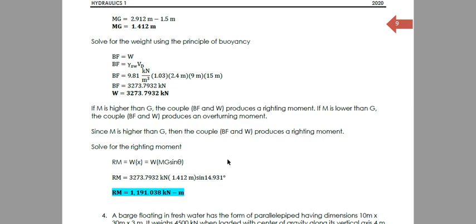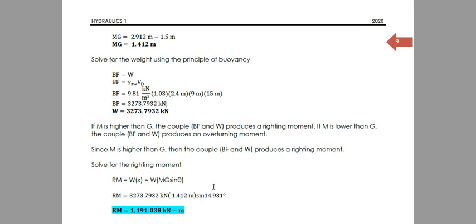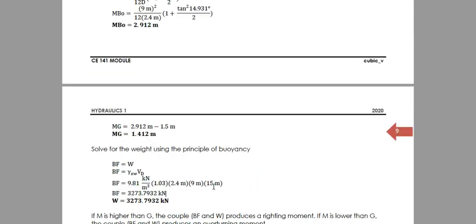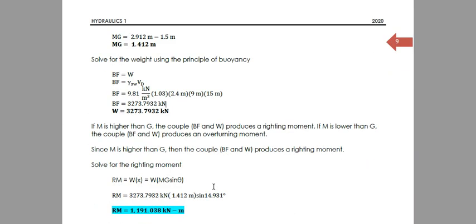The righting moment is equal to W MG sine theta, which is equivalent to 1,191.038 kilonewton meters. That is the righting moment caused by the couple, the weight and the buoyant force. The last illustrative example will be discussed in a separate video.